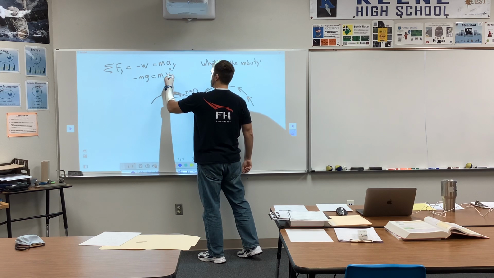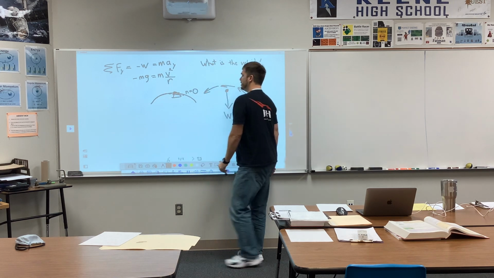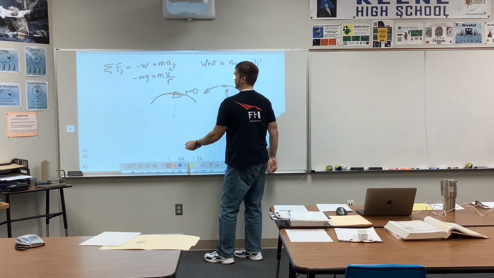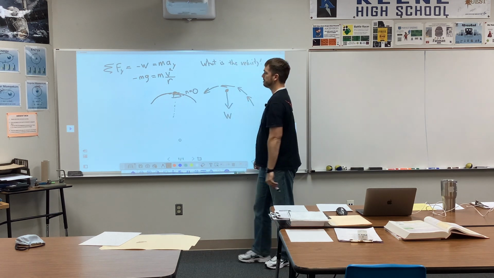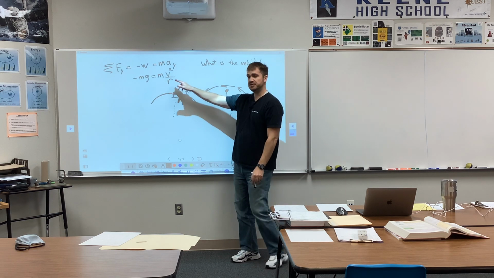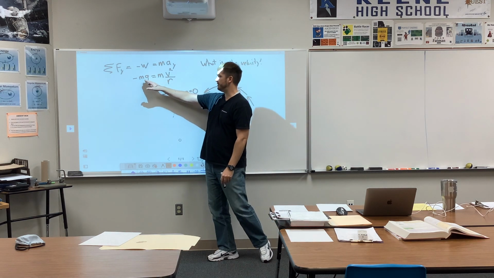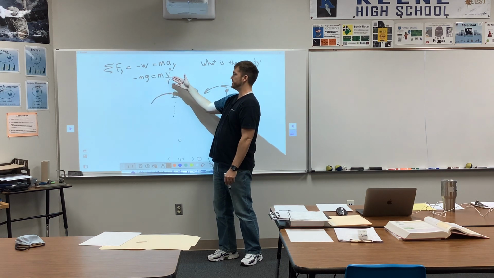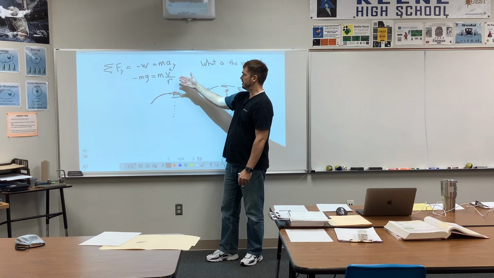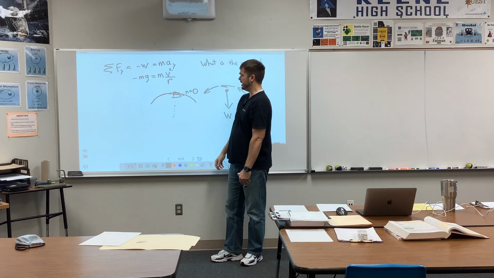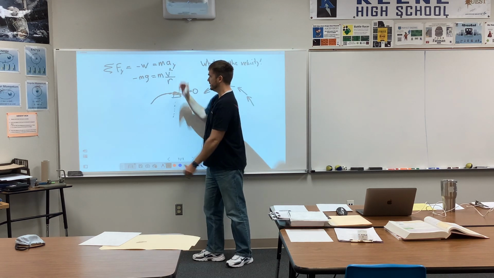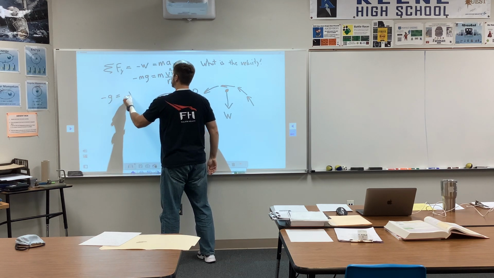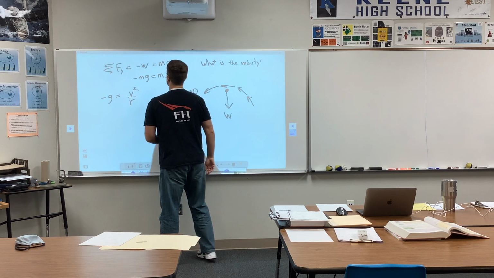That's equal to your velocity squared divided by the radius, where the radius is the radius of the center of that circle out to you. What's interesting about this formula is that we've got a mass on this side and a mass on this side, which means if we divide both sides by the mass, they completely cancel each other out. So we have negative g equals v squared over r.